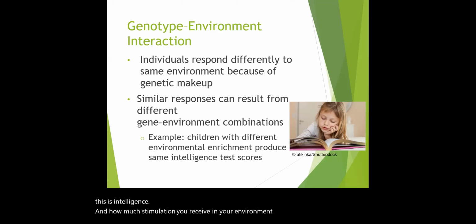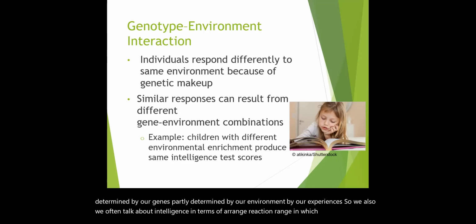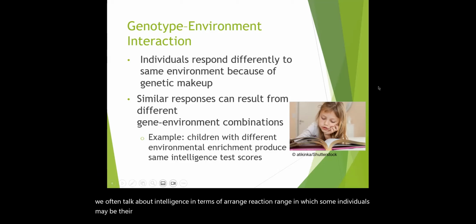Remember, intelligence is partly determined by our genes, partly determined by our environment, by our experiences. So we often talk about intelligence in terms of a reaction range. Your genes essentially set your possible range for your intelligence, and then your environment will determine whether you end up at the top end or the bottom end of that range.